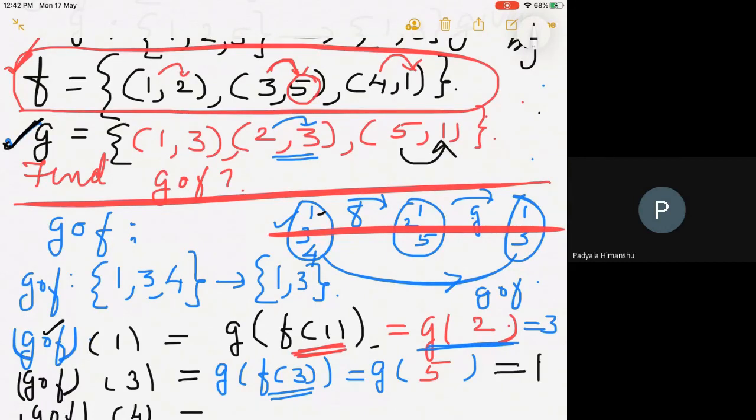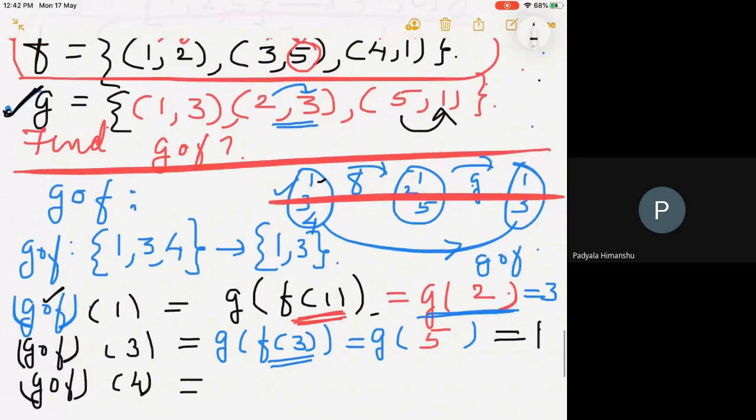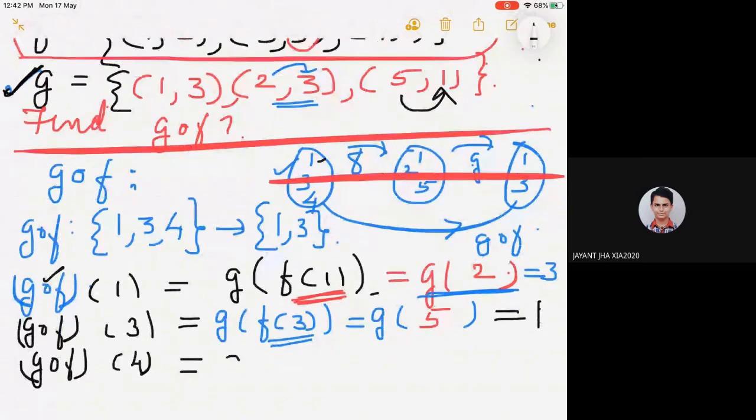Now the last one, all of you do it yourself. G dot F of 4. Student: Maybe 3, ma'am. Let us see, yes, this is correct. So G of F of 4.